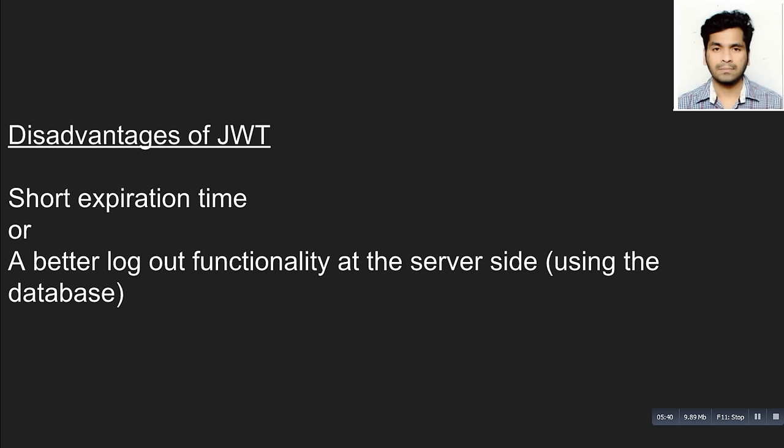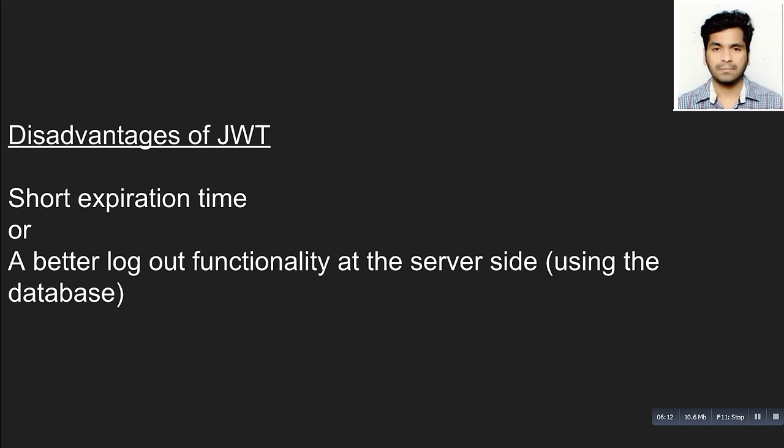So if you have a higher expiry time, that can cause some kind of vulnerability for the services, or on the server side you can implement a better logout functionality using a database. In the database you can maintain all the expired JSON web tokens, and any request from the client with a JSON web token available in the database, you can basically unauthorize the calls.